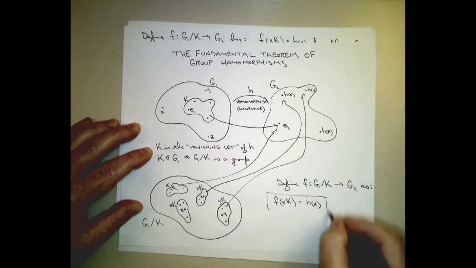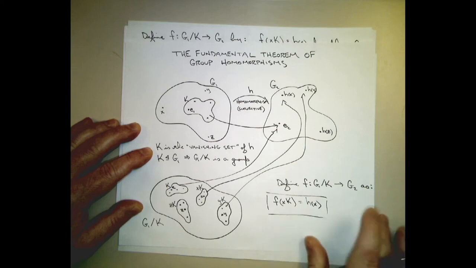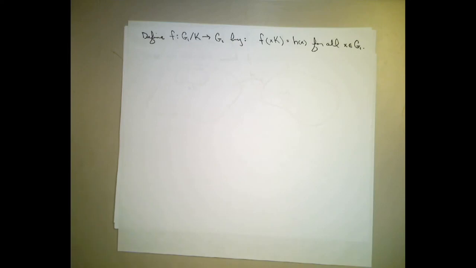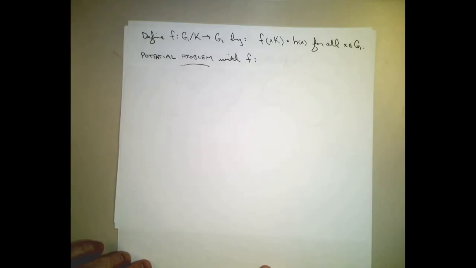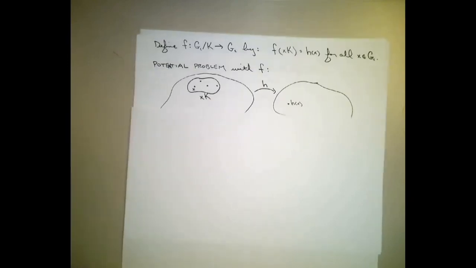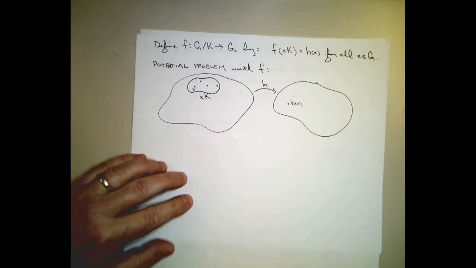This function is going to turn out to be an isomorphism, and that's the focus of this video. But there's a potential problem with this definition, and I'd like to illustrate what that potential problem is.